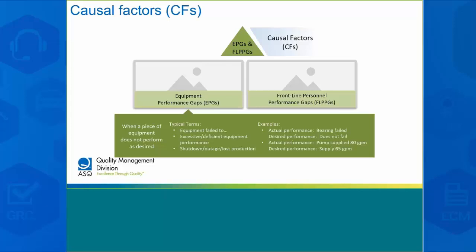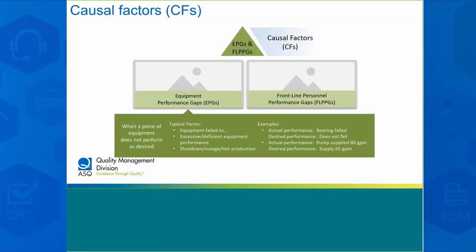Terms often used to describe FLPPGs include operator did not or failed to. The doctor did X instead of Y. The technician did X too soon or too late, too much or too little, or too fast or too slow.